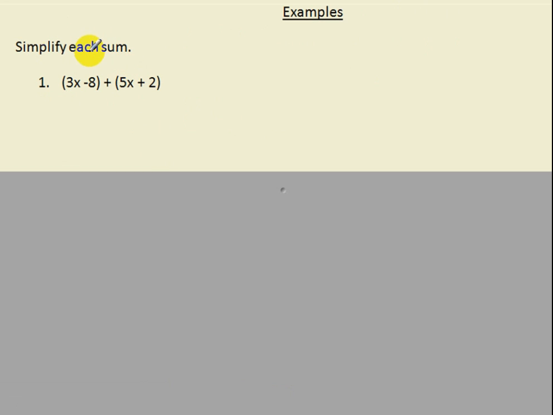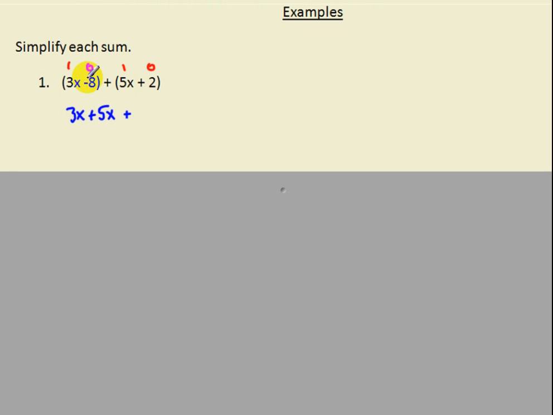So here we have simplify each sum. So we have 3x minus 8 plus 5x plus 2. If you want, you can look at the degree of each term. This is degree 1, degree 0, degree 1, degree 0. So we have degree 1, x is our variable. Those will combine. So we have 3x plus 5x will go together.